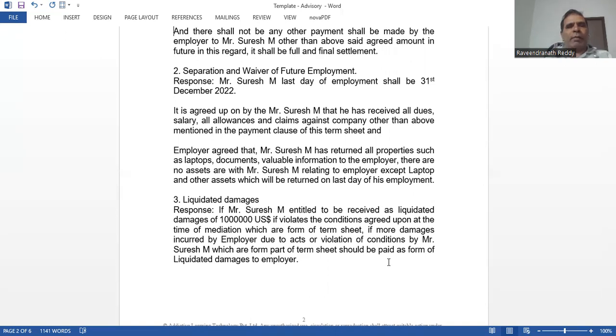So on termination, we as employer should confirm or acknowledge that he has returned all the assets. Even if something is pending, it should be handed over on the last day of his employment. That is the separation and waiver of future employment.